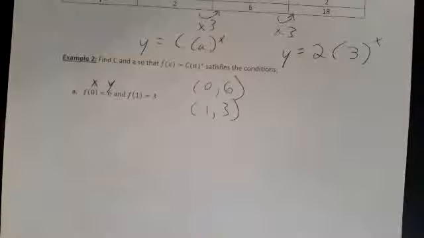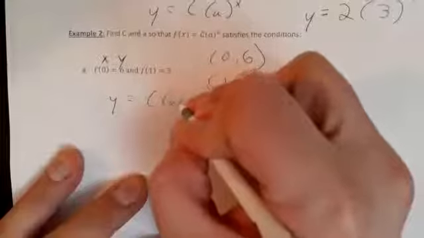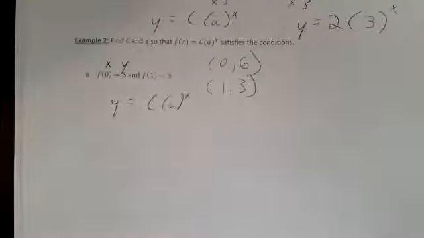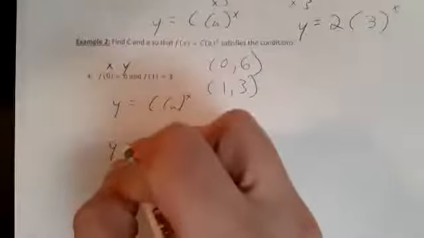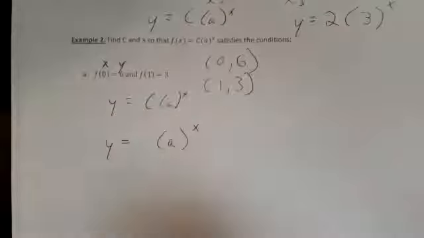Okay, so we want to find C and A. We want to fill in our variables. And so right away, I'm hoping you can fill in C. C should be what value? The 6?